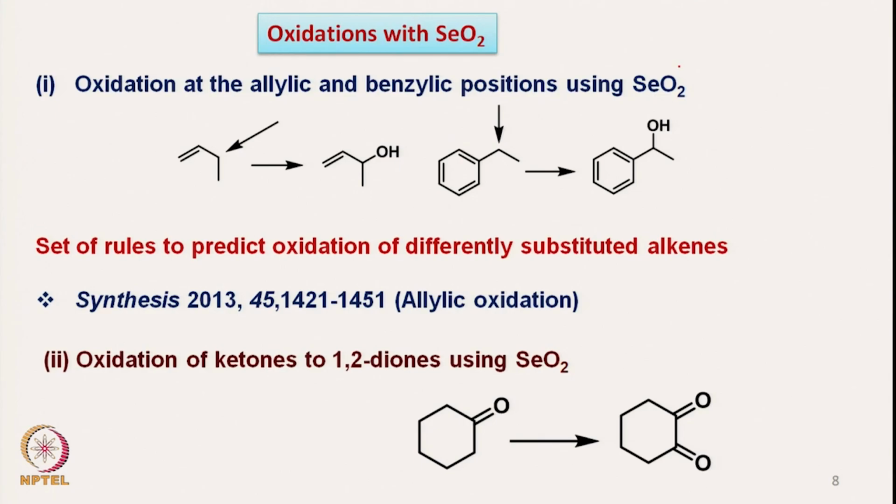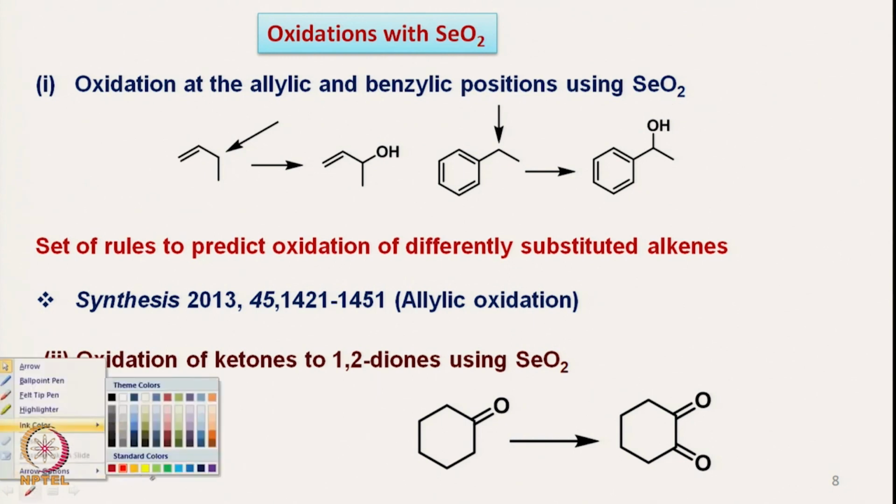Now the next subclass of oxidations that we are going to look at is the oxidation of organic substrates using selenium dioxide. There are two things that we are going to look at. One is of course oxidation at the allylic and benzylic positions with selenium dioxide.